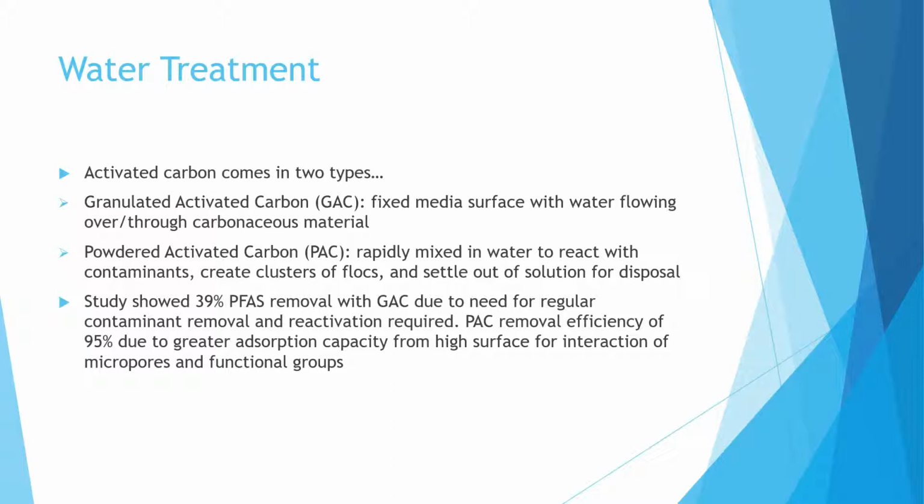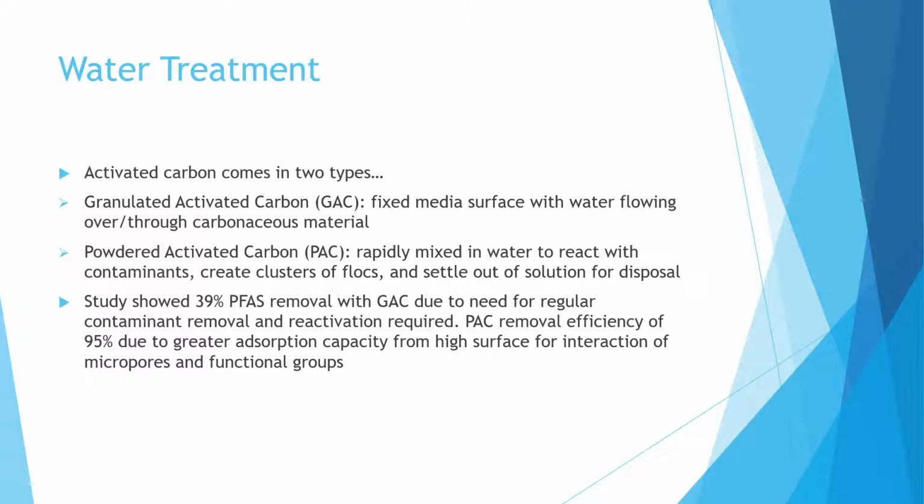Studies have shown that 39% PFAS removal with GAC was obtained, and this lower number was typically because, to effectively remove the contaminants, reactivation was required, and so this was a frequent operation that was required, and this reduced the efficiency of GAC usage.